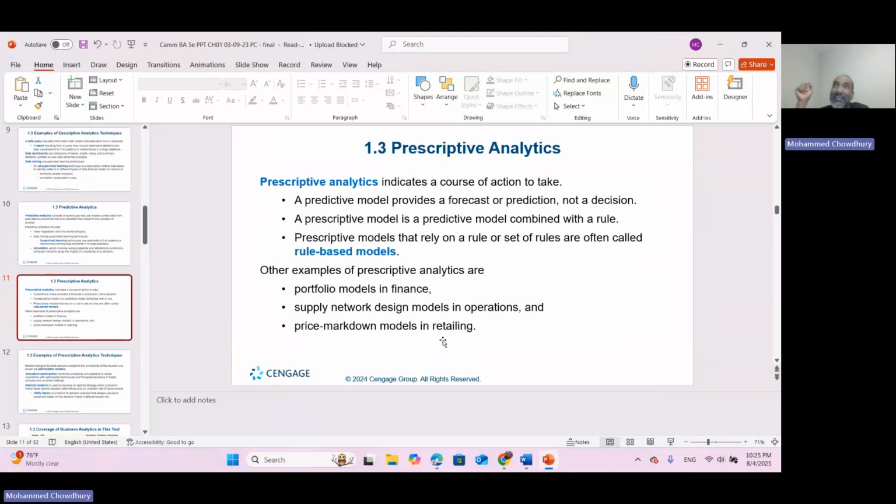Portfolio model in finance. In finance, the main important variable is the return variable. I am investing my money. What is my return? 7%, 3%, 10%, 20%, 100%, 200%. So portfolio models in finance means I have a lot of money.